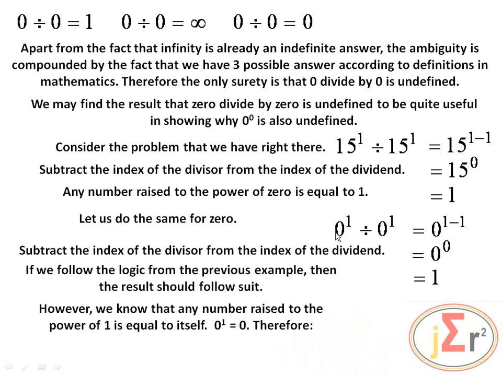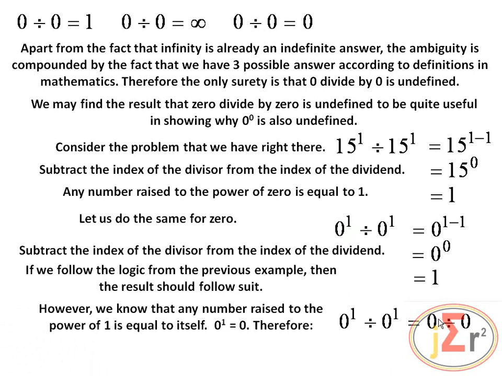So what we have here is 0 to the power of 1 and 0 raised to the power of 1. This is 0, this is 0, because any number raised to the power of 1 is equal to itself.